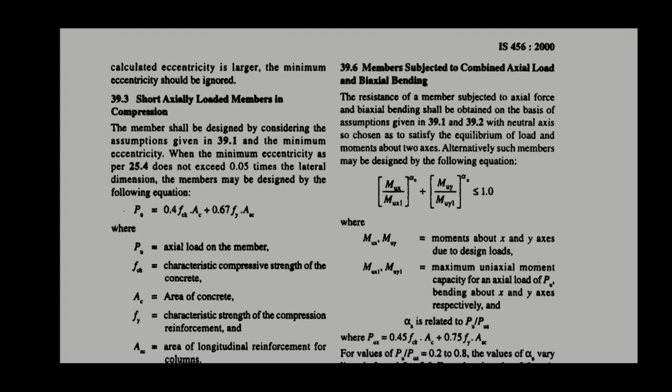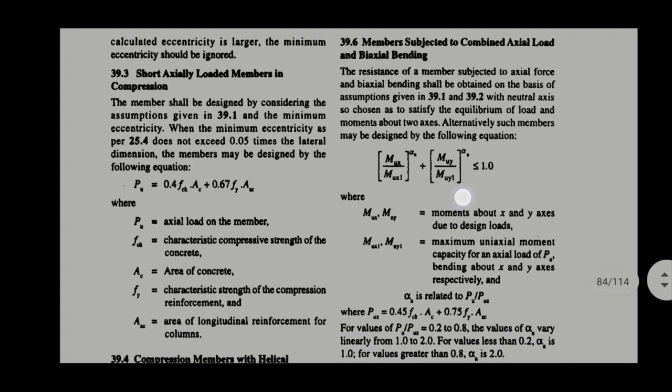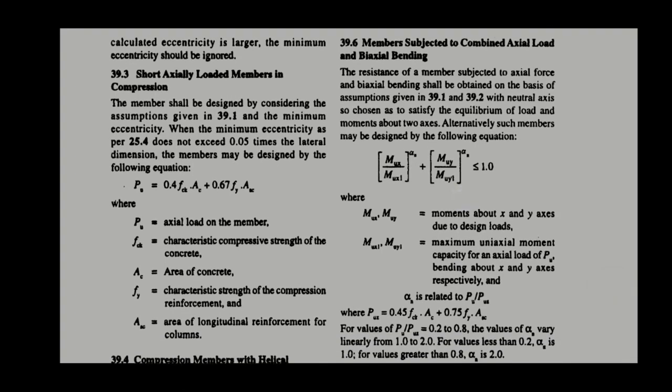Pu is axial load on the member. fck is characteristic compressive strength of the concrete. Ac is area of concrete. fy is characteristic strength of the compression reinforcement, and Asc is area of longitudinal reinforcement for columns.